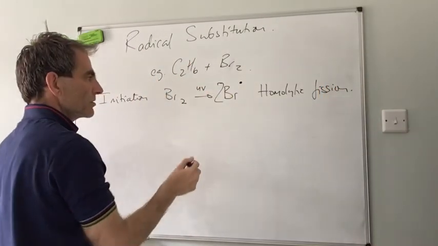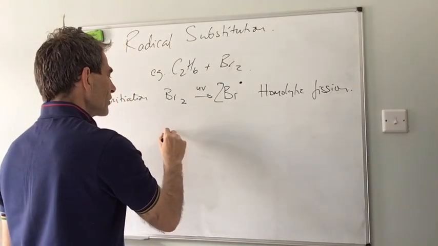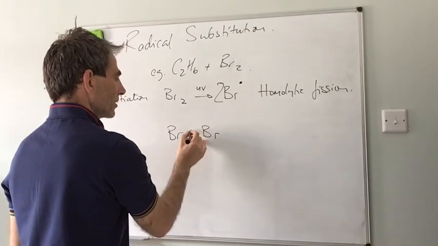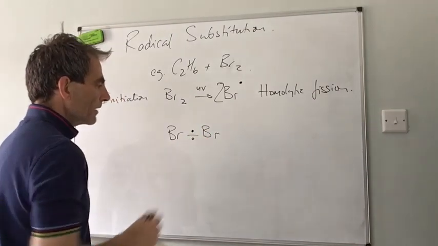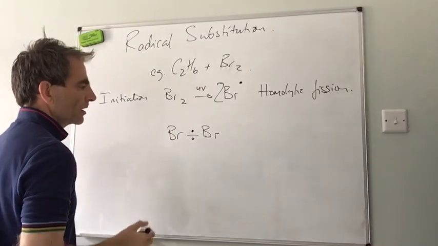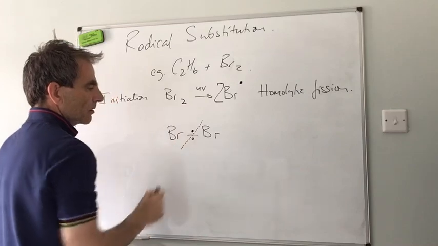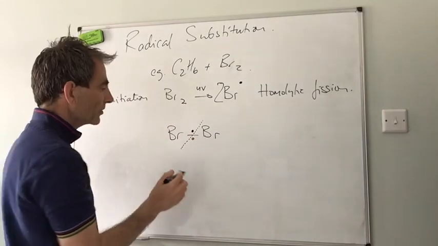So I'm just going to concentrate on the pair of electrons in the covalent bond that's broken. If we think about the bromine molecule, we've got a pair of electrons in that covalent bond. The UV breaks the bond in such a way that the pair of electrons in the bond is shared equally, okay?